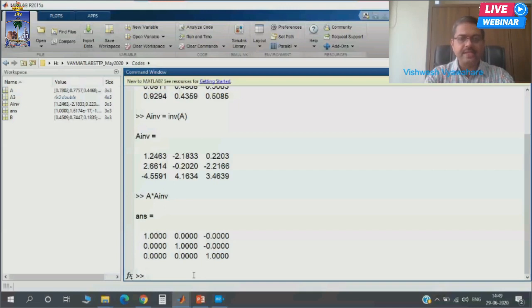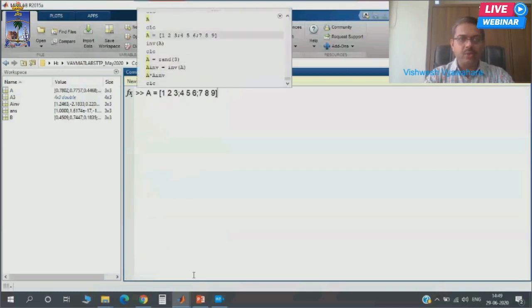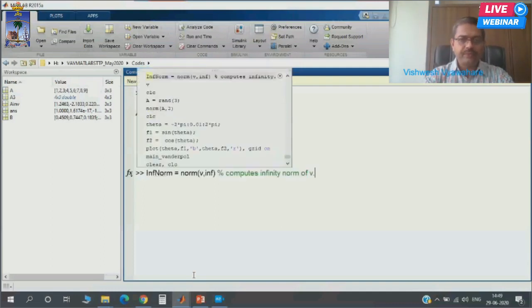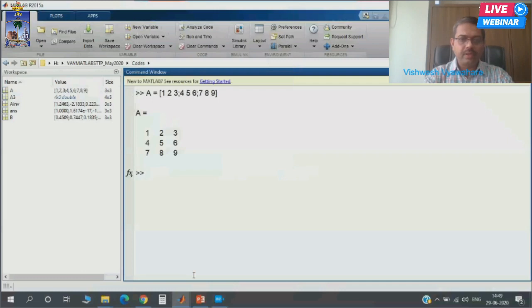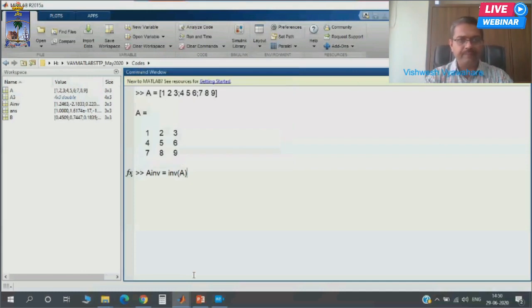Now with this example in our mind, let's have a look at that 1 2 3 4 5 6, that notorious matrix, I would say. This is A, right? Again, I will store its inverse in a variable A_inv.